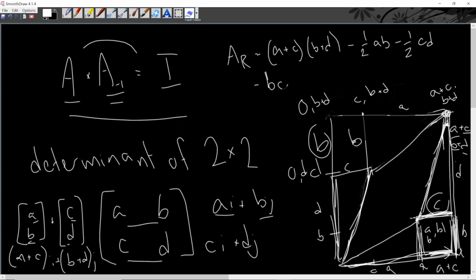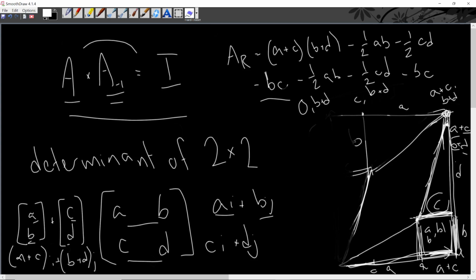So we have minus 1/2 AB minus 1/2 CD, and also I forgot we did have another BC. We had two BCs down here, and so let me erase all of this real quick.